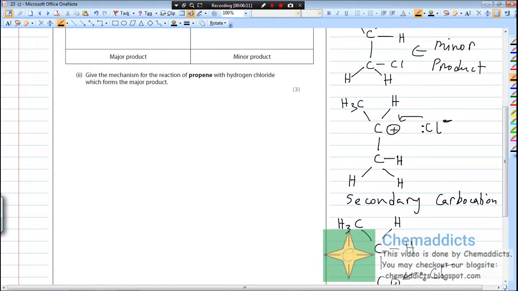In here, in the carbocation atom, we can see that there is one alkyl group attached over here and one hydrogen is attached. So since the minimum number of hydrogens is 1, this should be a secondary carbocation.